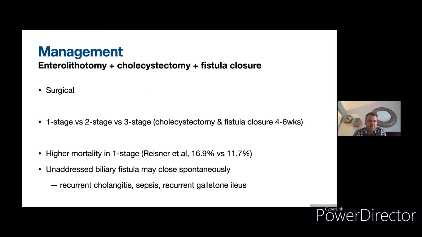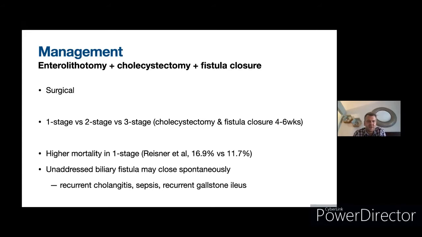In terms of the management of this condition, it has been described using more conservative measures. If there's a communication into the colon, there are cases where they've dislodged a stone with endoscopy. However, the mainstay is usually surgery.